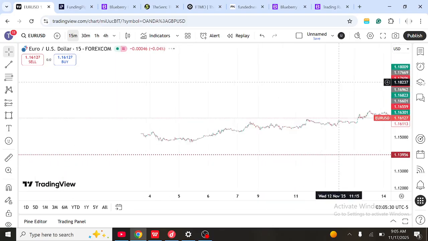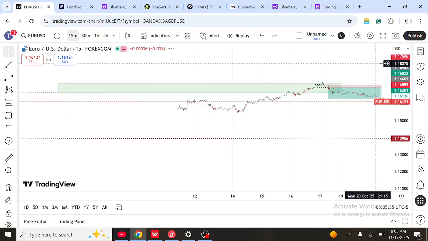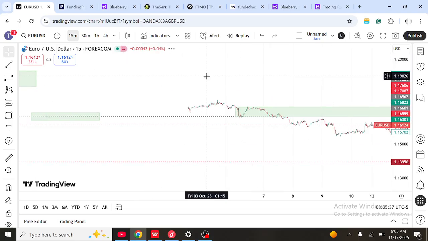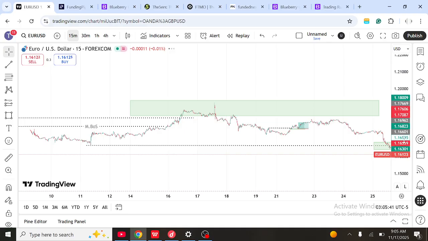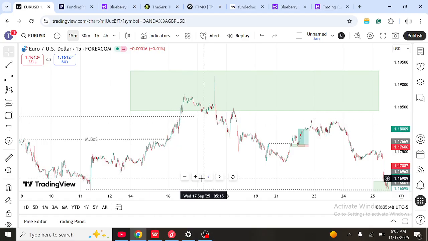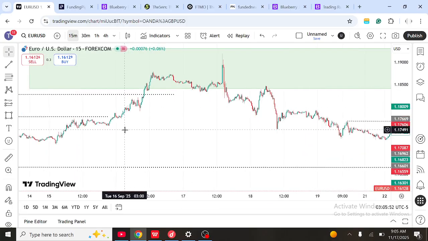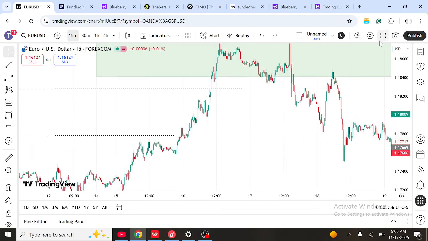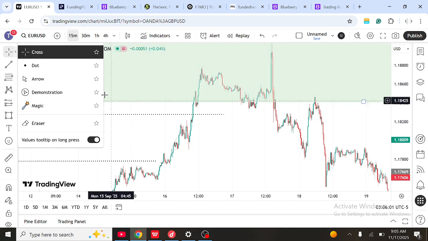So when price gets to that resistance level, we'll look for our entry strategy, which is the fractal confirmation. Price is going to be making a series of higher highs and higher lows because the price is bullish. So this was taken out. When this was taken out, let's look at what we have.